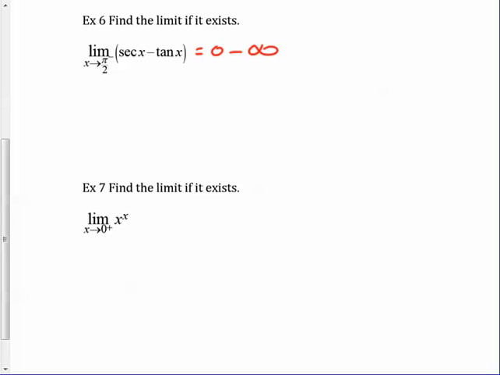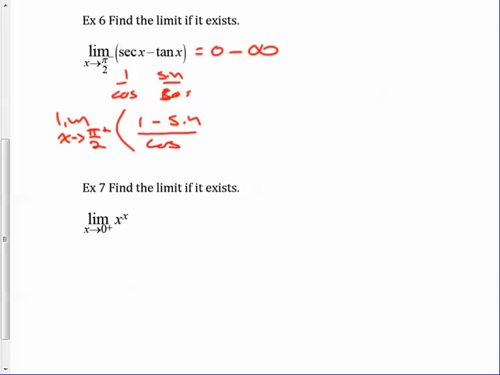So we need to make this look like something I can use L'Hopital's rule for. Well, secant is 1 over cosine, and tangent is sine over cosine. So I could rewrite this as the limit as x approaches pi over 2 from the negative side of 1 minus sine over cosine.